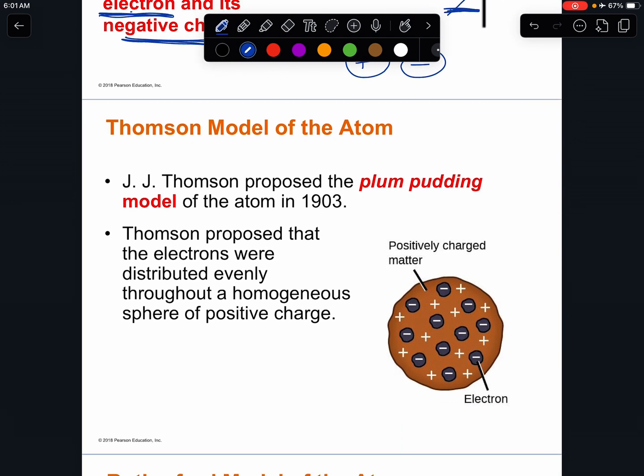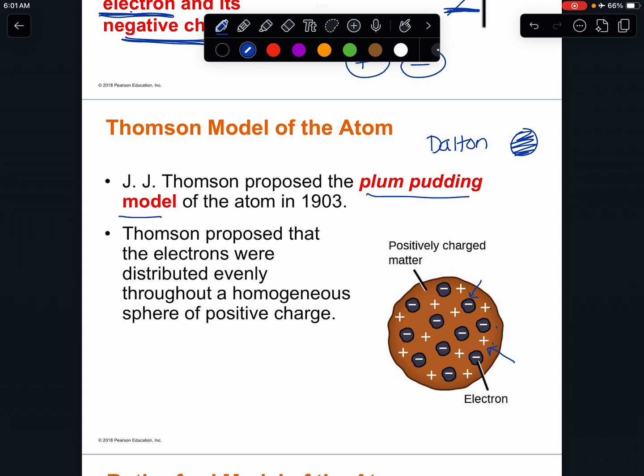Now, from this idea, so again, remember John Dalton, his idea of the atom was just a filled-in sphere. And now we have added to it due to J.J. Thomson's discovery, and what he created was found here, and we call it the plum pudding model. Plum pudding was a delicacy at that time, and his idea was instead that the pudding portion here was positive, and that there were negative electrons, which he called the plums, floating around inside.